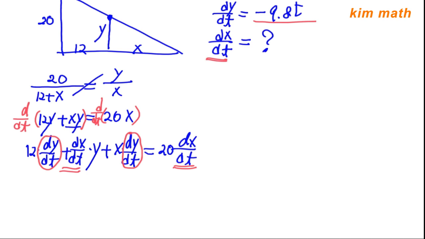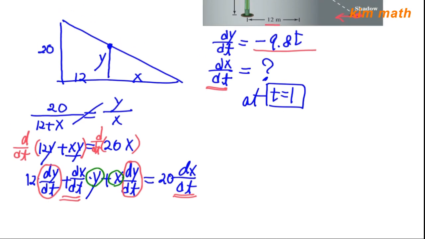Can you see that? We need the y and x values at that moment. In our question, they said at time equals 1 second after release, right? So when t equals 1, what is the picture? I will try to find the values of y and x at this time.